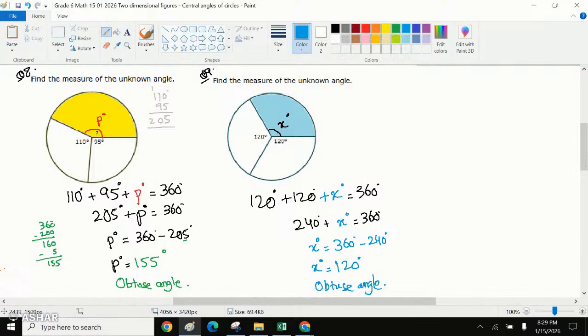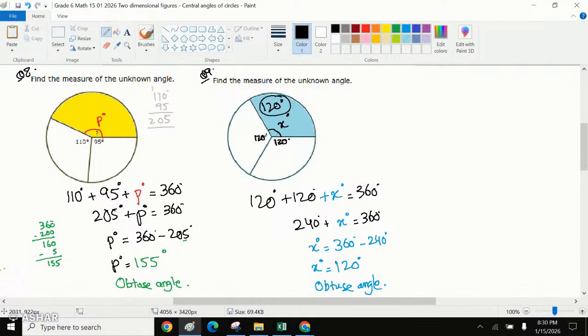Okay. Let's see, we found the answer and we learned something else as well. See, this angle was 120, this was 120, and we found the answer that was still 120, right? Agreed? Thank you, Princely. And thank you, Brightly. See, the two given angles were 120 and 120.